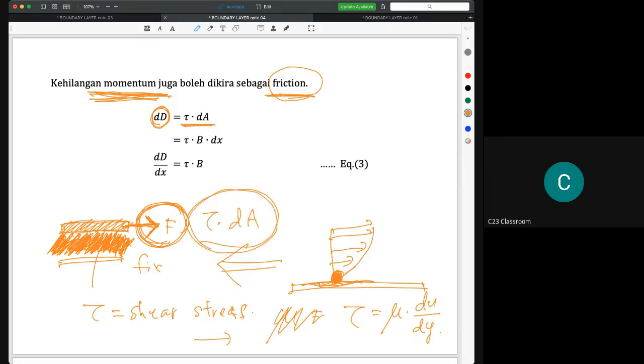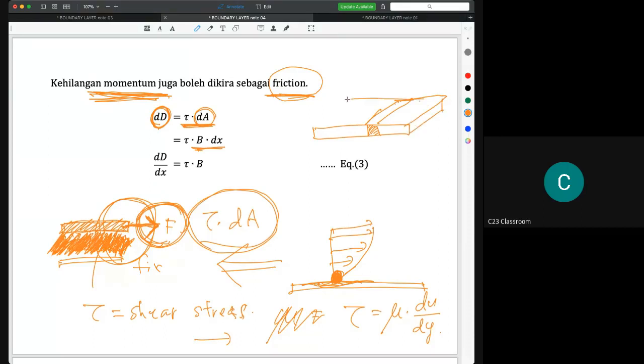So we equalize dD, the deficit momentum for a small area, to tau dA, and then we could replace the value of dA with b dx. Why b dx?